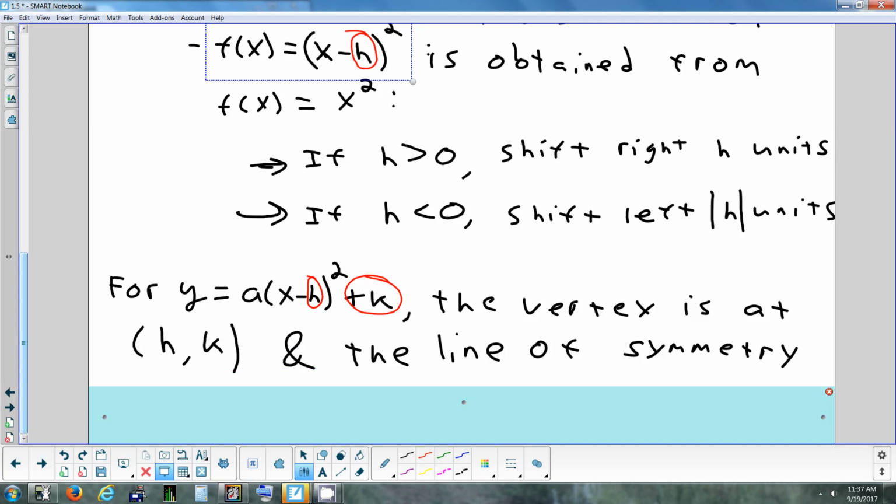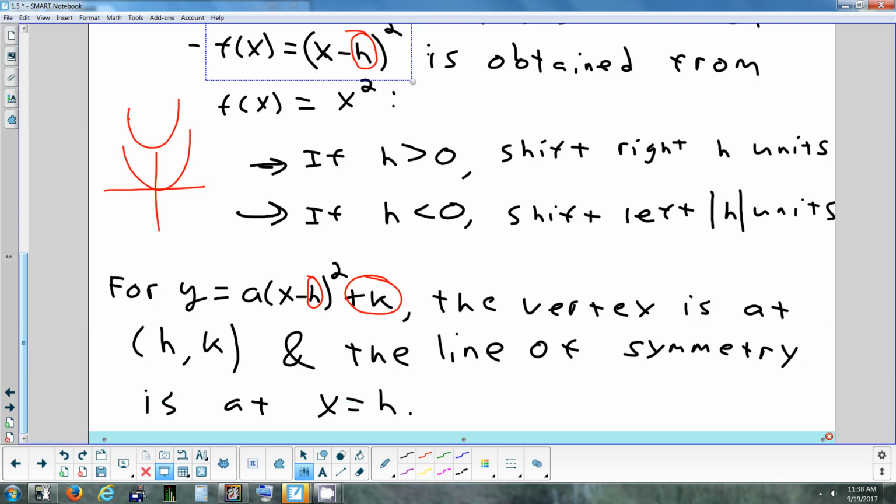So if you want to find out where the vertex is after you shift it, just look at your two values, h and k. Now, only one of those values affects the line of symmetry. Think about your parabola. Would shifting the parabola up and down or left and right change the line of symmetry? Left and right. Because if you shift up and down, the line of symmetry is still the same. So k has nothing to do with the line of symmetry because k is shifting up and down.